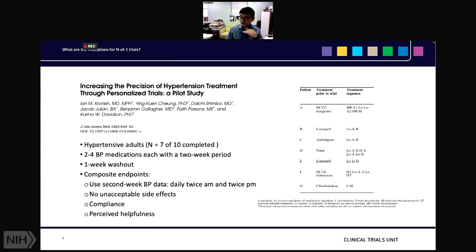So that's why we only use the 2nd week. This approach is what we call analytical washout. So we do a physical washout of 1 week, and then an analytical washout of another week, so as to minimize the impact of carryover effect. This is the second example of an N-of-1 study in the literature.